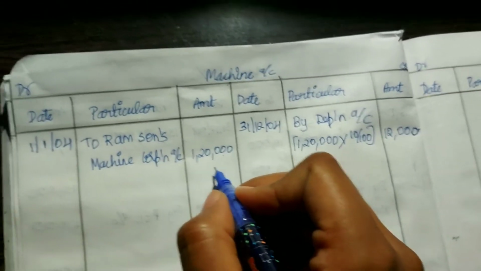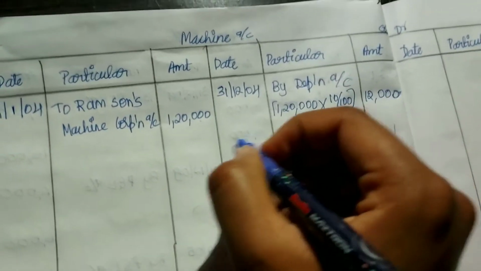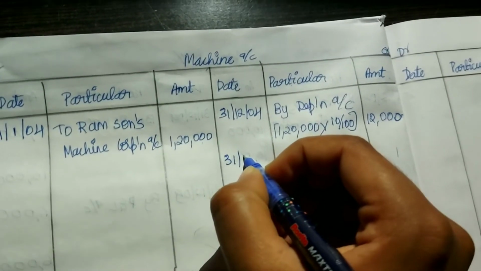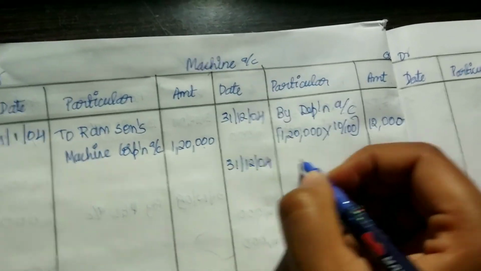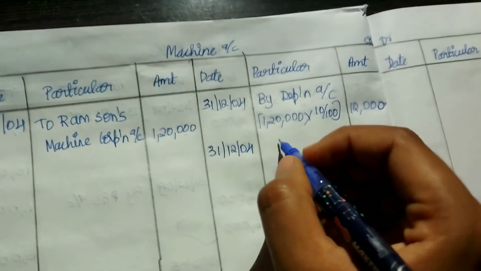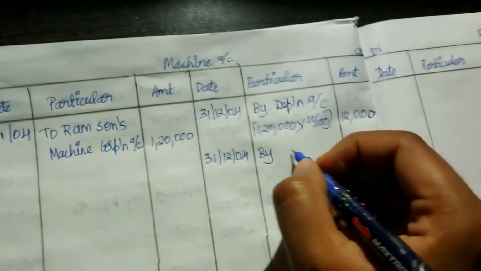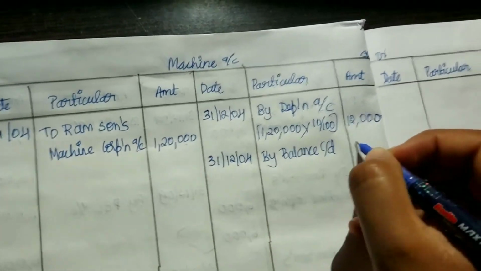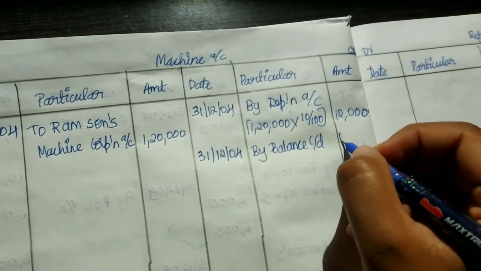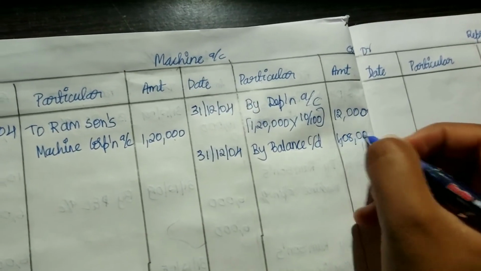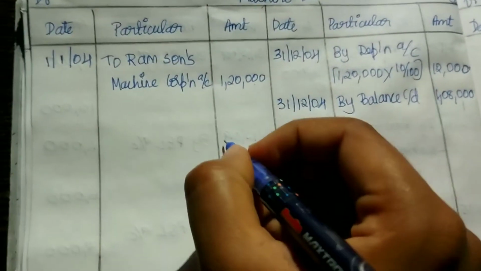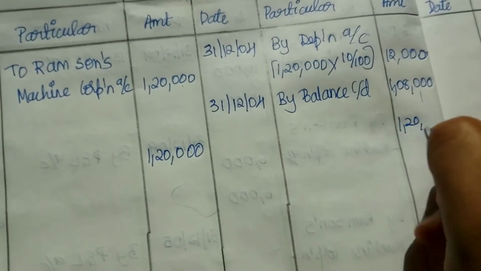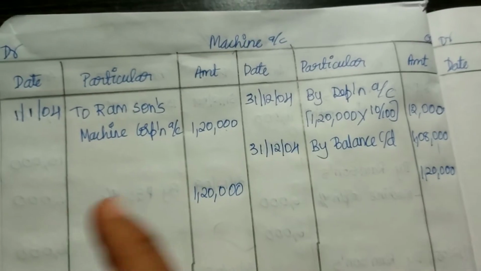Subtract 12,000 from 1,20,000, you'll get 1,08,000. That is the balance carried down. Enter it in the credit column, as the debit column is higher than the credit column. So you have to tally the account. For that you should write the total 1,20,000, 1,20,000. So first year depreciation is done.